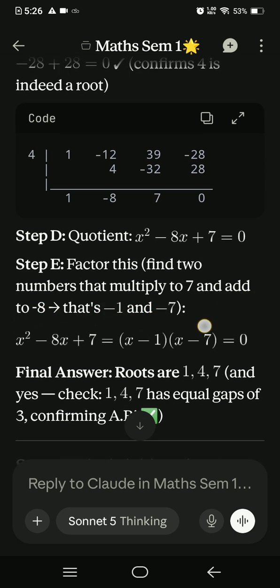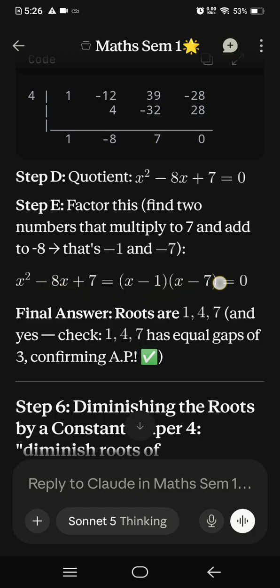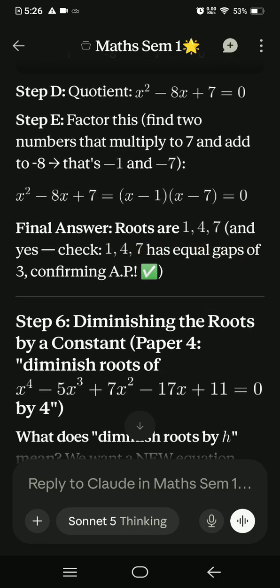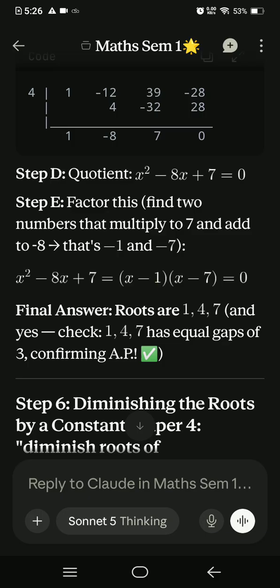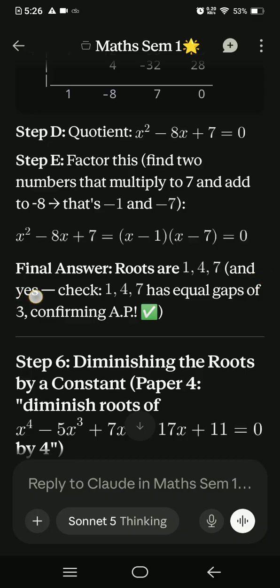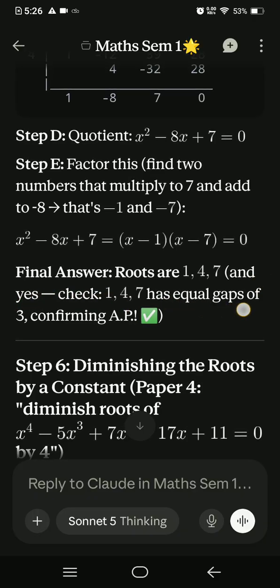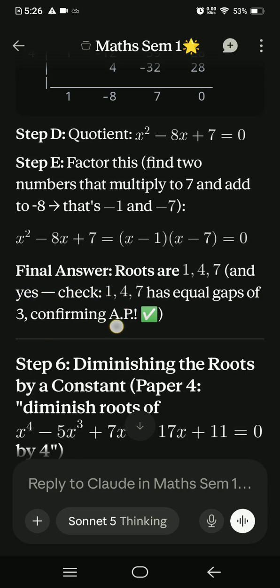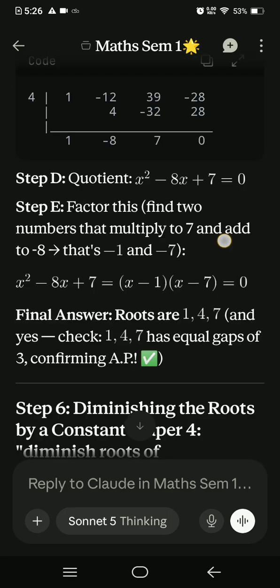Yes, so minus 1 and minus 7. So this can be written like this. Final answer: the roots are 1, 4, and 7. 1 and 4 we found earlier, and 7. Check: 1, 4, 7 has equal gaps of 3, confirming AP. This was a good enough question.